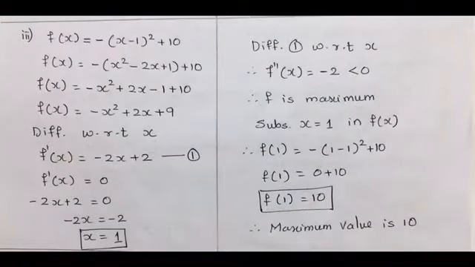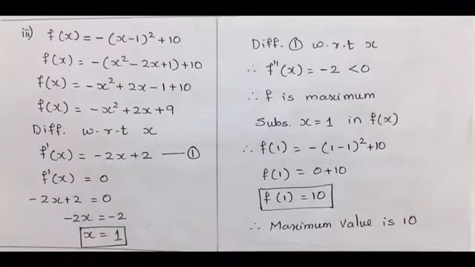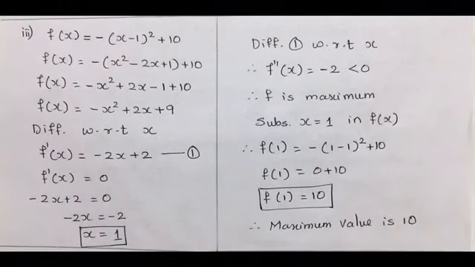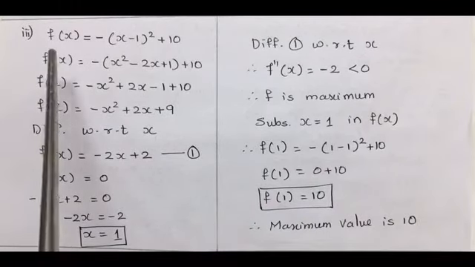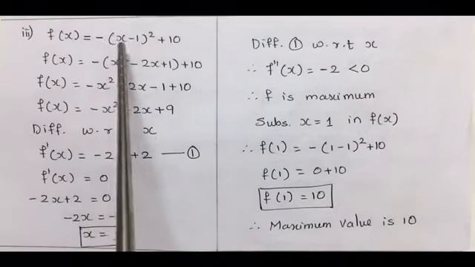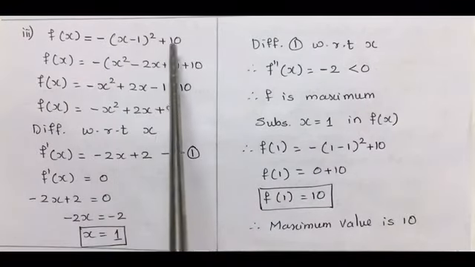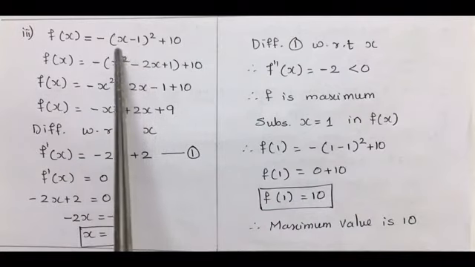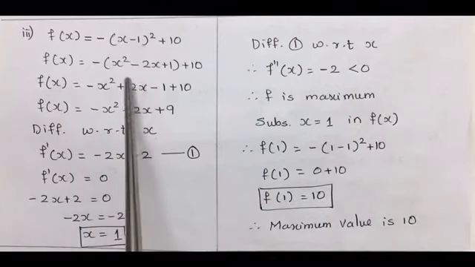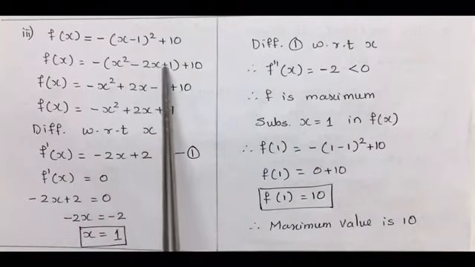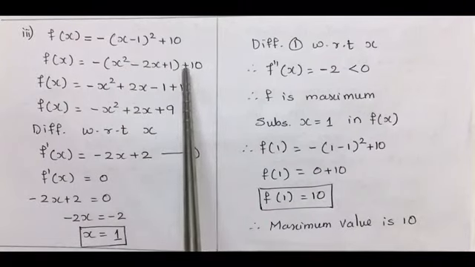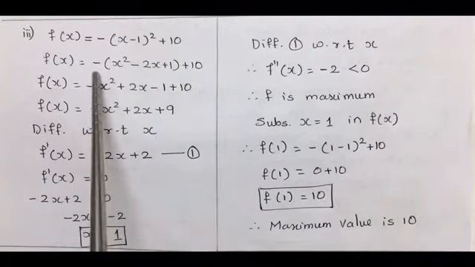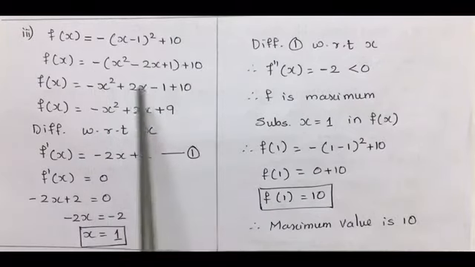Question number 3 of first one is f(x) is equal to minus (x minus 1) whole square plus 10. Opening the bracket, (x minus 1) whole square as x square minus 2x plus 1, and minus sign is already there out, plus 10.